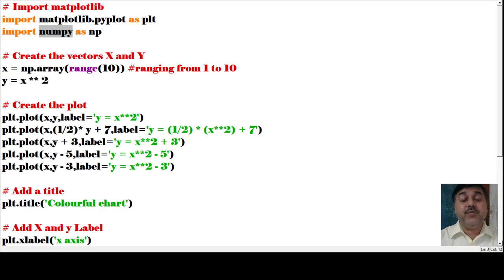So next, what we have imported is another program, that particular program is numpy, isn't it? All are from Python itself. So as we have called these two programs, we have used numpy for the purpose of creating data structures, data frames or arrays, and pyplot, or plt, we are using for plotting the different values of x and y, isn't it?